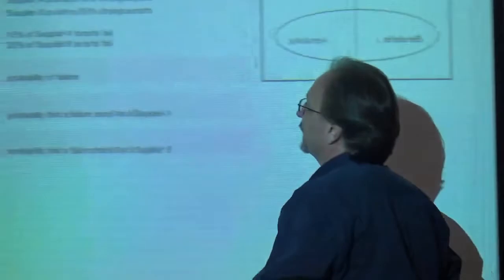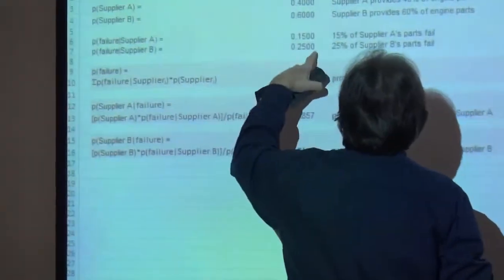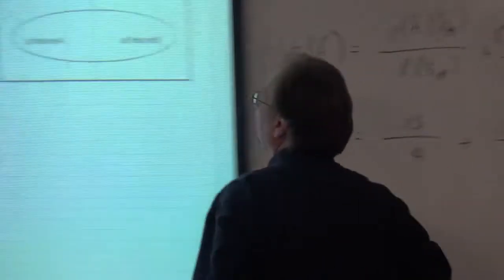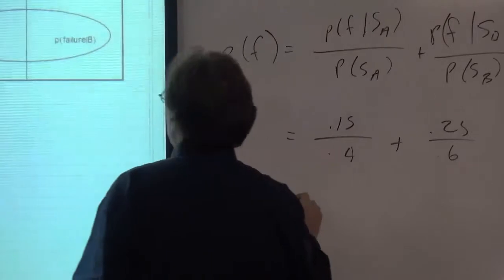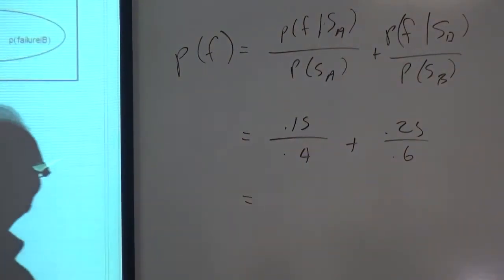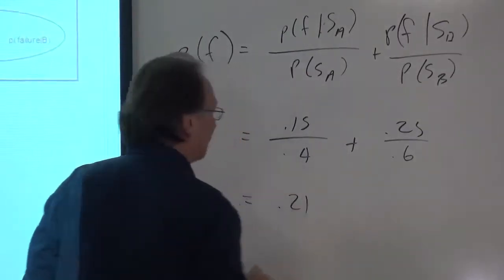The probability of failure given supplier B is 0.25, and the probability of supplier B is 0.6. And that should come out to the overall probability of failure being 0.21.